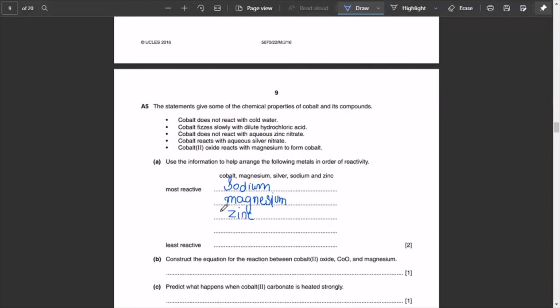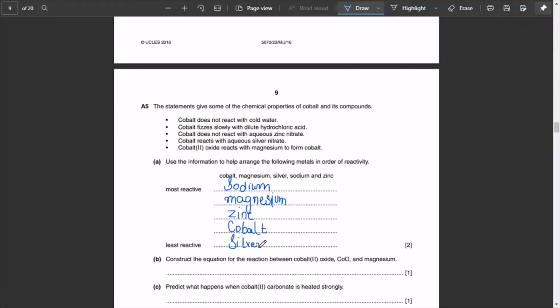So we can also say that there is no such reaction of silver mentioned over here. Silver is like the slowest of all, so we write cobalt here, and then the least reactive amongst all of this is gonna be silver. Alright, so this is it for this part.